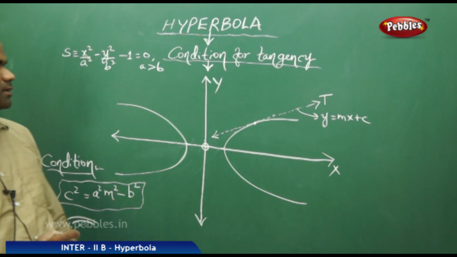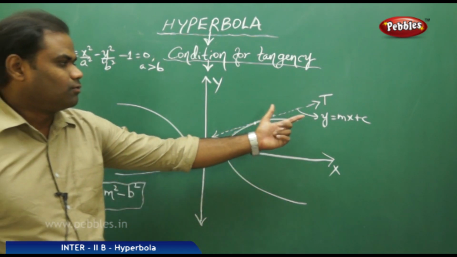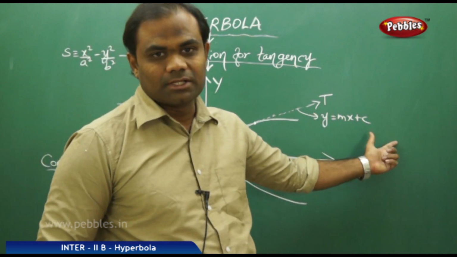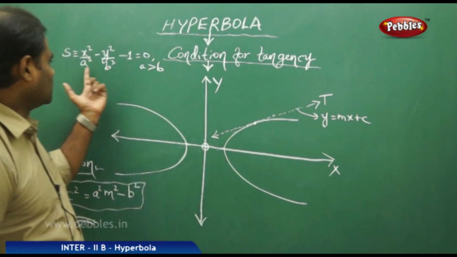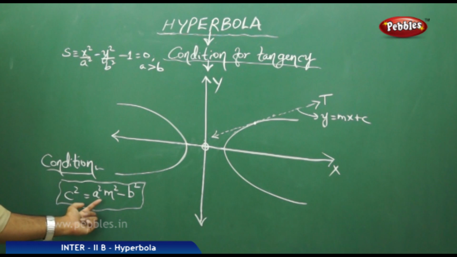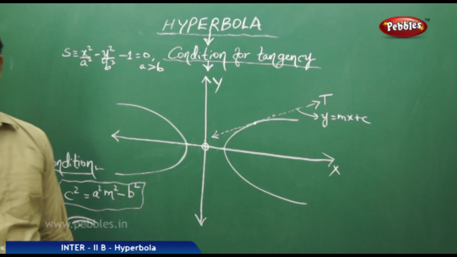So we have the condition for tangency for the line y is equal to mx plus c to touch the hyperbola. This is c square equals a square m square minus b square.